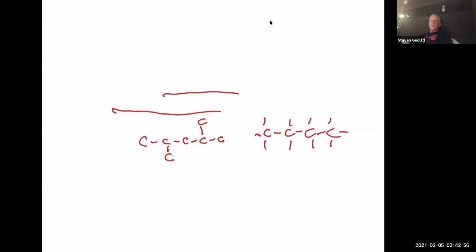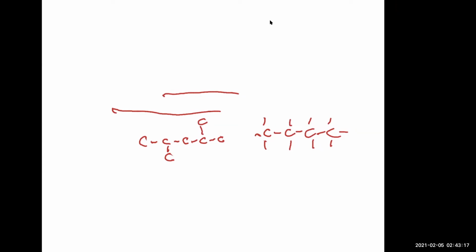There's your compound. You have 1, 2, 3, 4, 5, 6, 7 carbons. How many hydrogens would you have? 16? 16. Perfect. You got it.